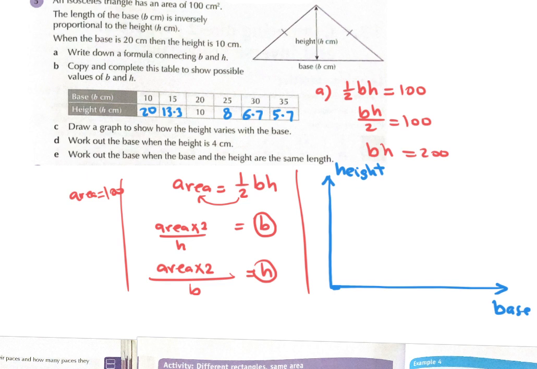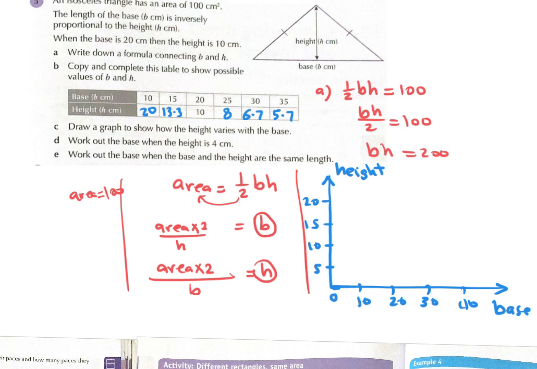We have the base start from 10 till 35, so we can say 0, 10, 20, 30, 40, okay? For the height, we have till 20, so 0, 5, 10, 15, 20, okay?